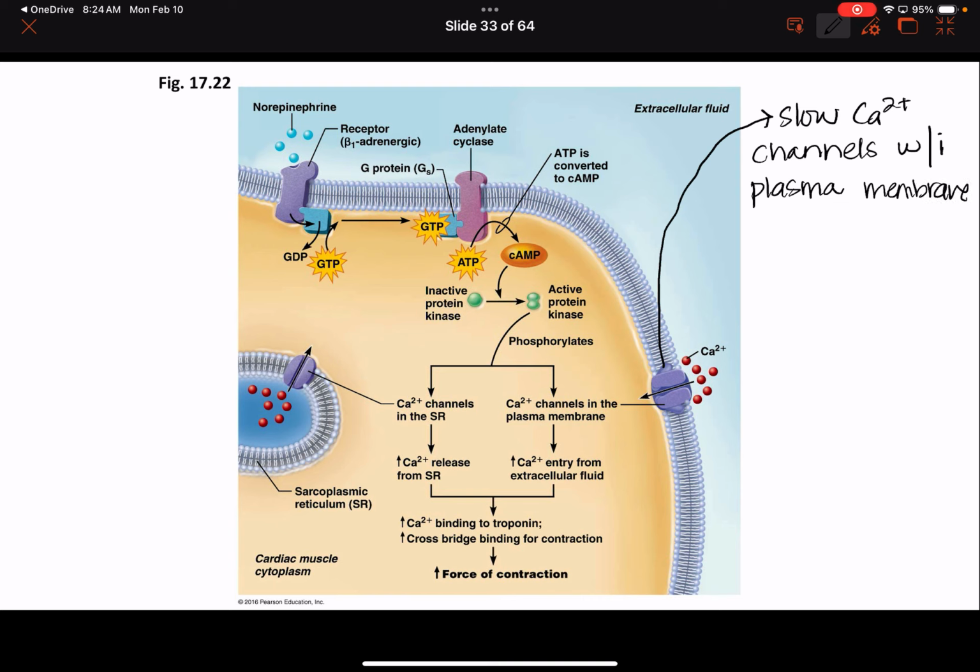And then we have what are called calcium sensitive channels within the sarcoplasmic reticulum.